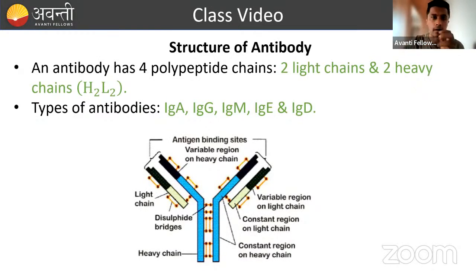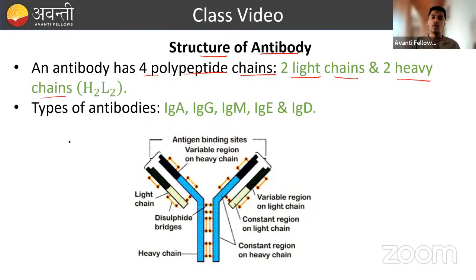The structure of an antibody contains 4 polypeptide chains. As I mentioned, antibodies are small proteins. These small proteins contain 4 polypeptide chains, as you can see in this picture. Among these 4 polypeptide chains, there are 2 light chains and 2 heavy chains.